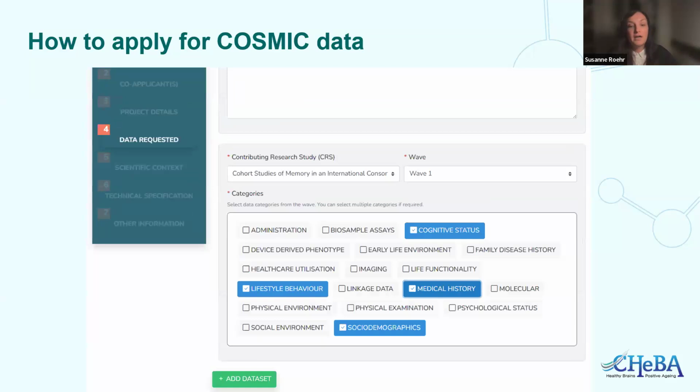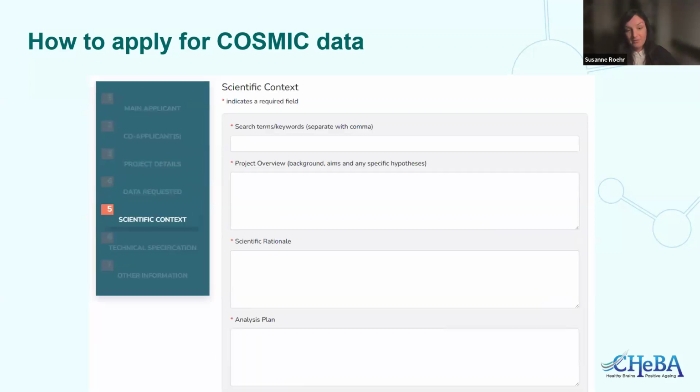After that, you will provide a sort of high-level indication of what types of data are requested from a set of predefined categories, such as, let's say, cognitive status, lifestyle behaviors, medical history, sociodemographics, whatever is needed for your specific project. And following that, there is a section to put your study in scientific context.